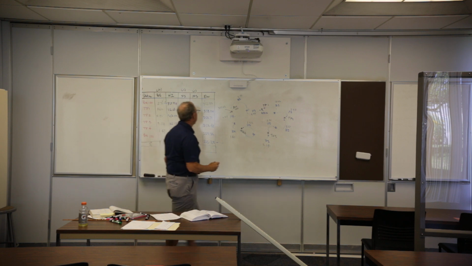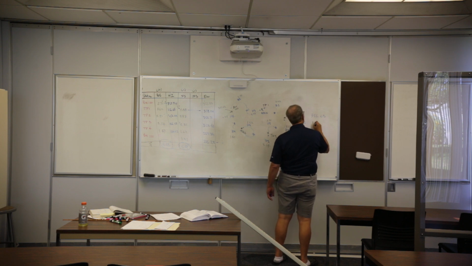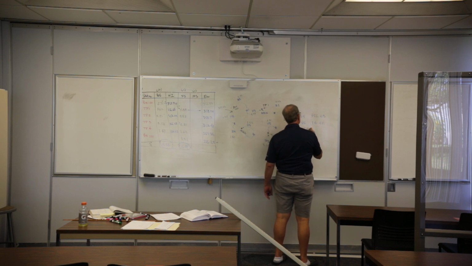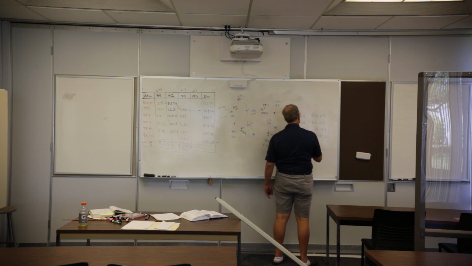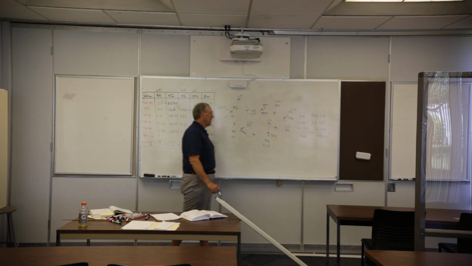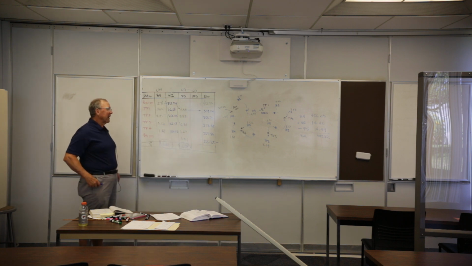So let's do that. 355.23 plus the backsights, minus the foresights, and that's exactly what we have. So my math is right.